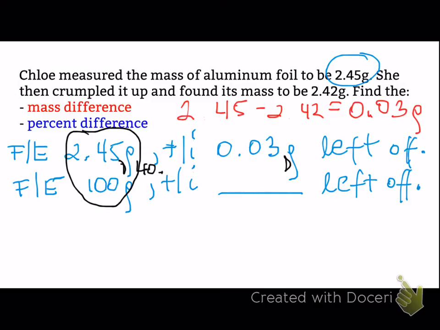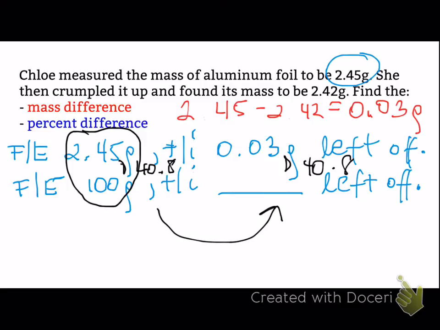40.8. Okay, so that means I have to multiply the number 2.45 by a factor of 40.8 in order to get 100. Okay, since I cannot do that only to one side, I have to do the same thing to this side. Okay, so the number on the bottom was bigger, so that means the number that I'm looking for, I'm expecting to be bigger than 0.03 exactly by the same factor, which is 40.8.